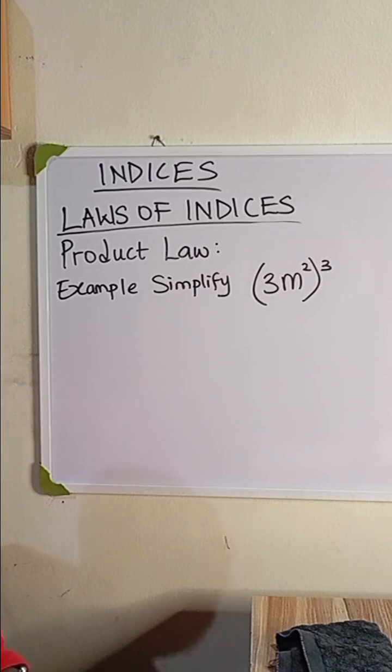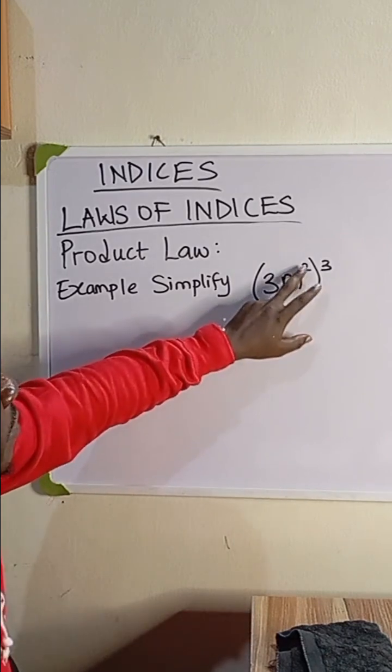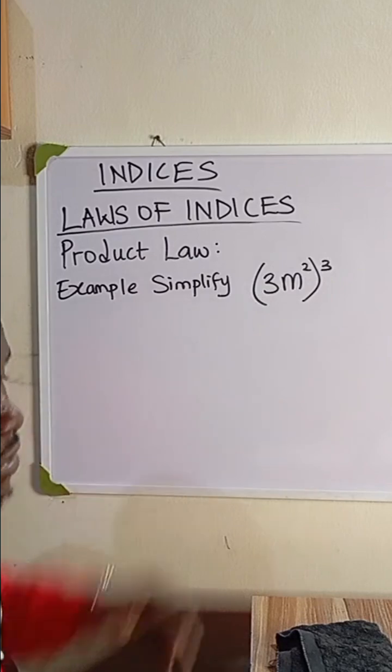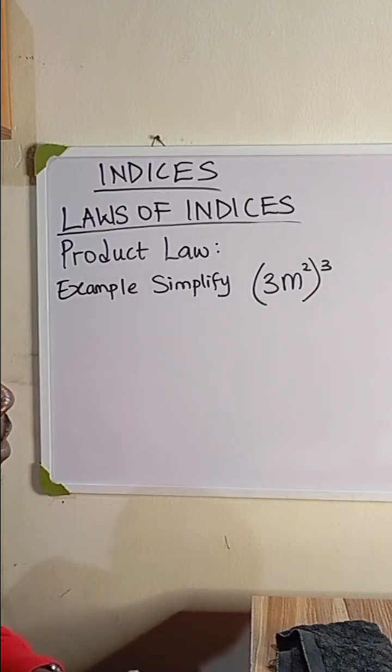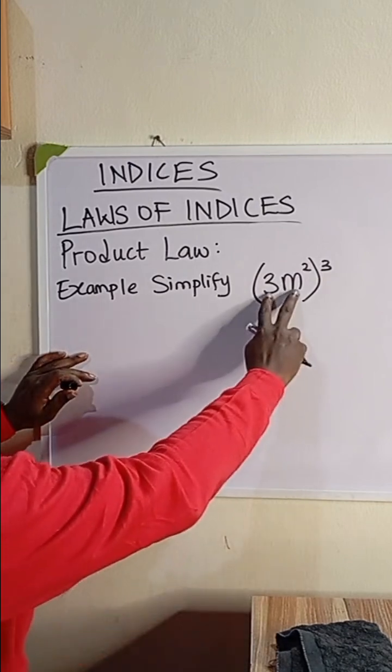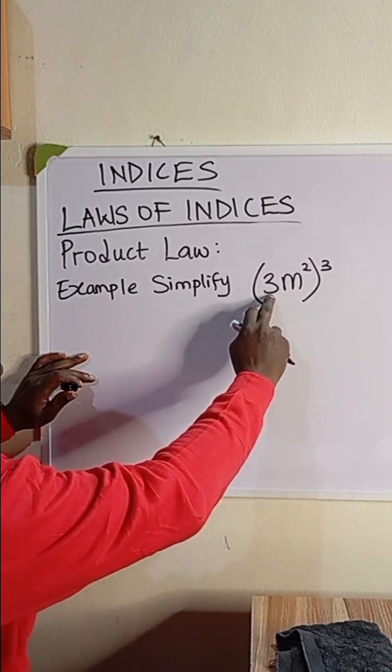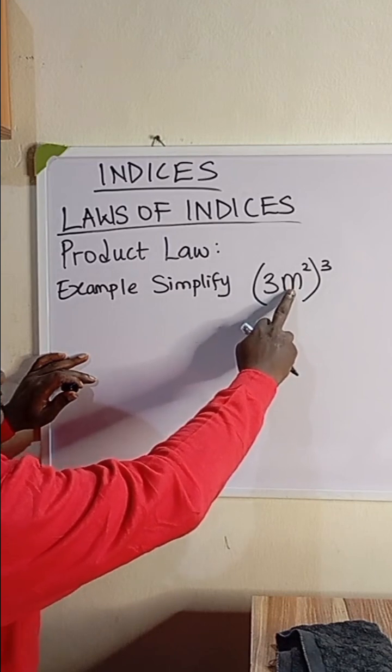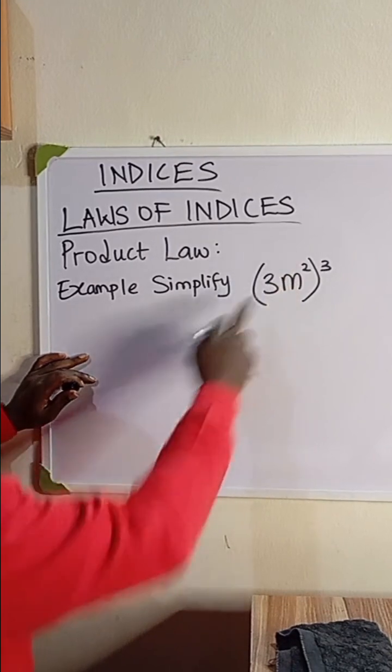Nice to meet you. Okay, so we have 3m to the power of 2, all to the power of 3. Just as we said, the exponents will multiply each other. But for us to do it easily, we need to write down the exponent of this. We know that the exponent of m is 2. But what's the exponent of 3?